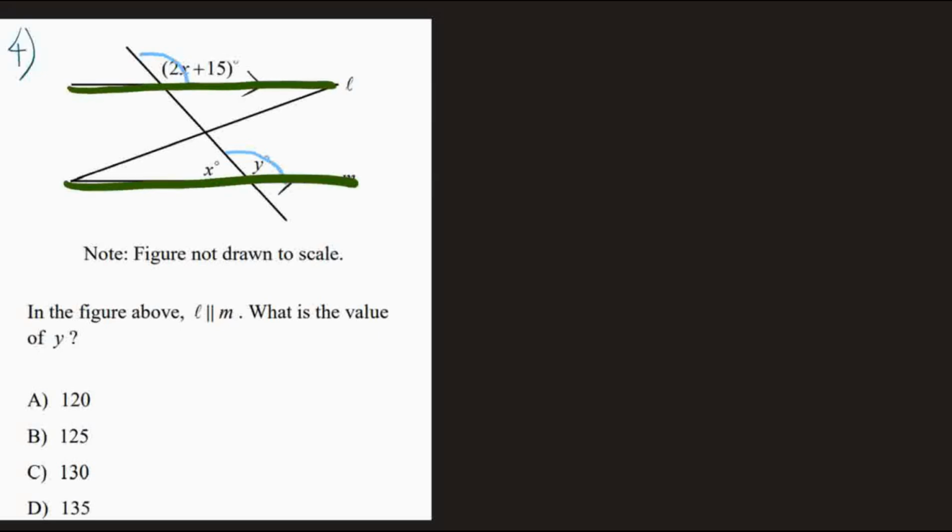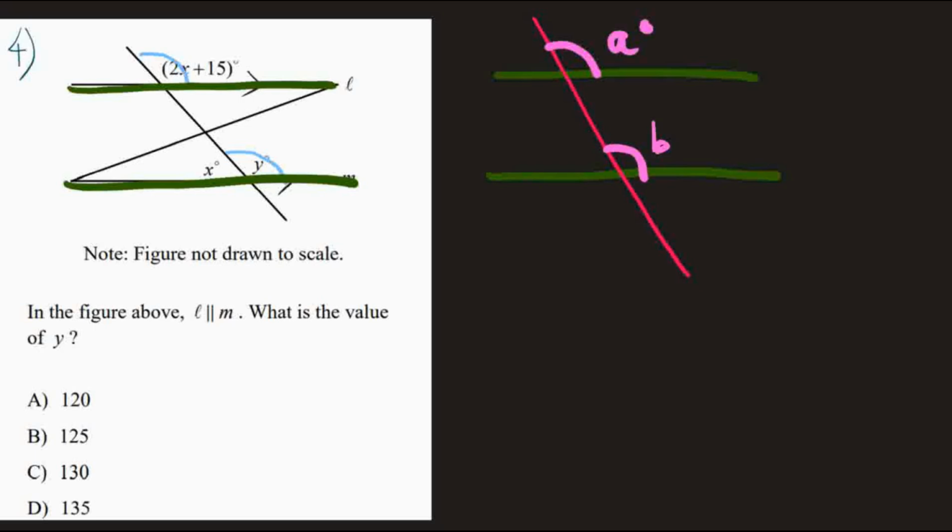you can see the position of the blue is corresponding. So if I write here, and if this is the line here, you can see that this angle and this angle are equal. So A degree, this B degree, A degree is equal to B degree.